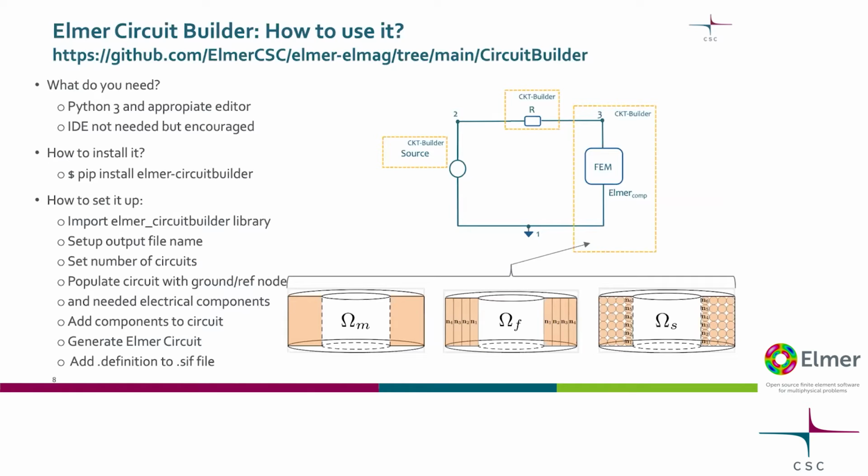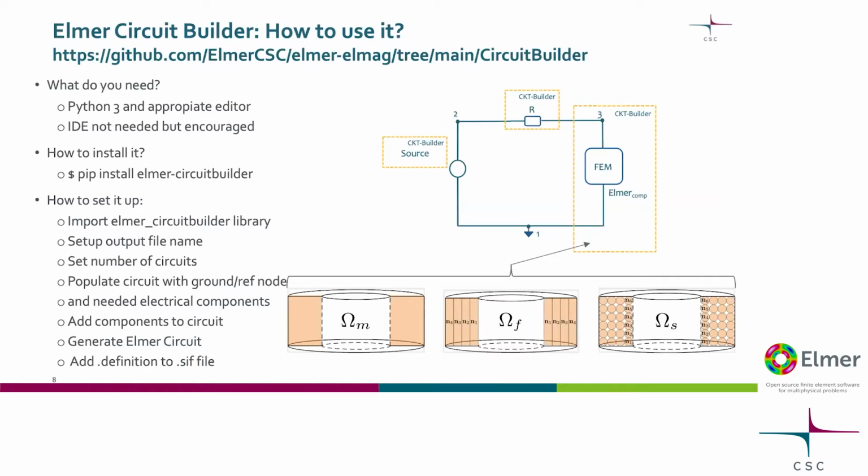And how do you set it up? So here, I'm just going to read out loud the steps, but then I'll simplify the problem in the next slide. So first, we're going to import the circuit library. You're going to set up an output file name.